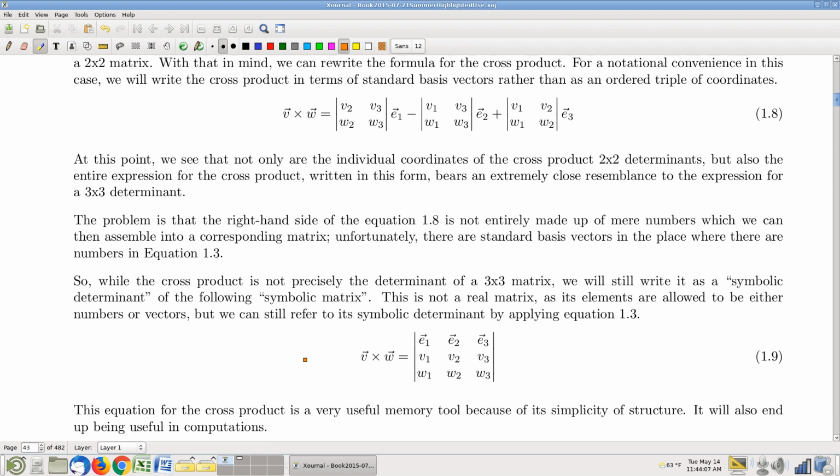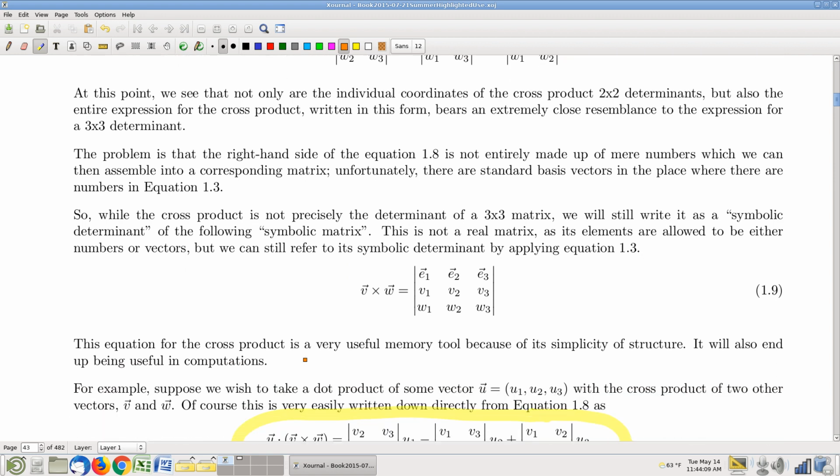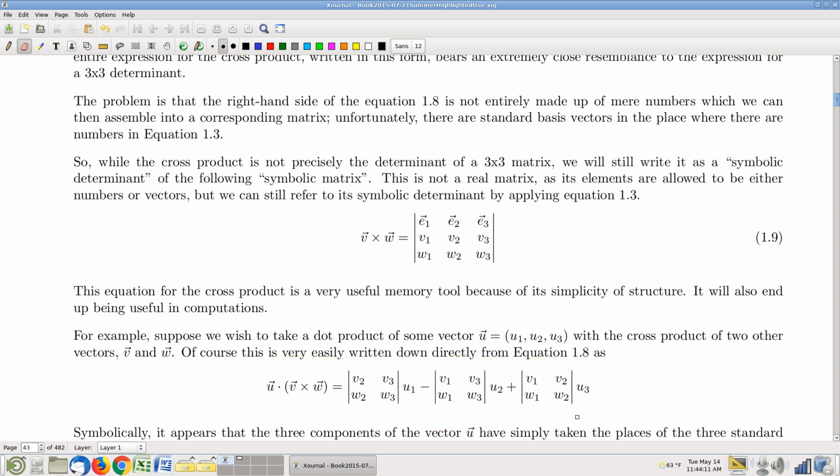Next observation. Again, sort of proceeding through the weeds. If you take this cross product and you dot it with a third vector u, then you get this thing over here.